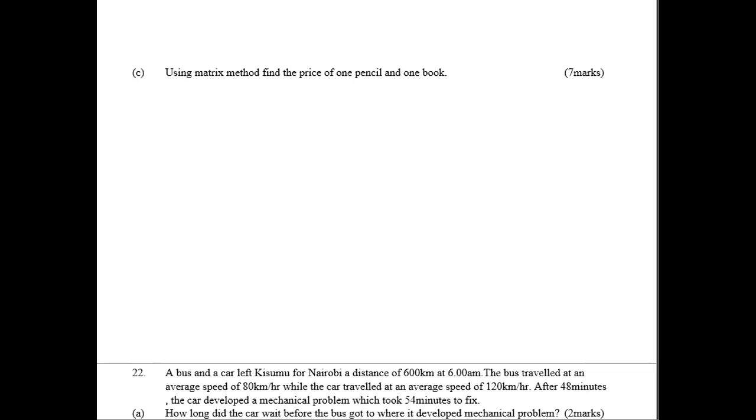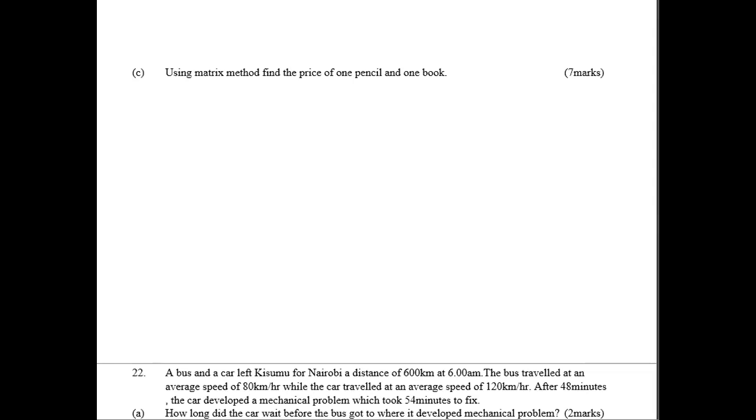We are saying that these two bodies, car and the bus, are moving from Kisumu to Nairobi. The distance is 600 kilometers and they left at 6 a.m. The bus is doing an average of 80 kilometers per hour. The car is doing 120 kilometers per hour.